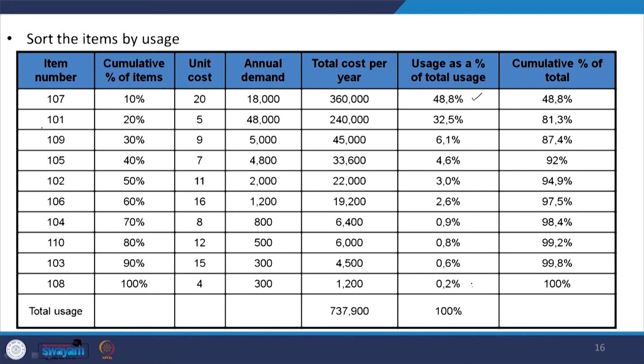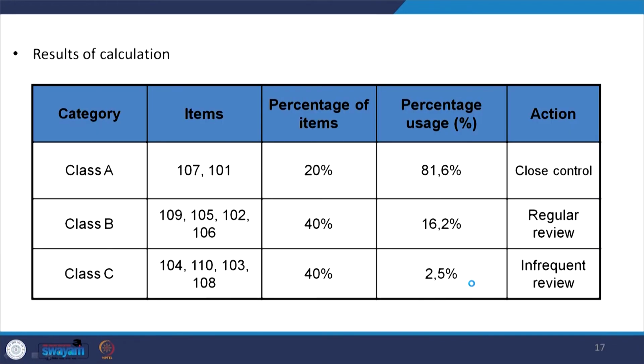So, that is the contribution of different types of items with respect to their uses in this entire inventory system. Now, when we see this classification, the percentage of items which we want in the A category is between 15 to 20%. We have a list of around 10 items.